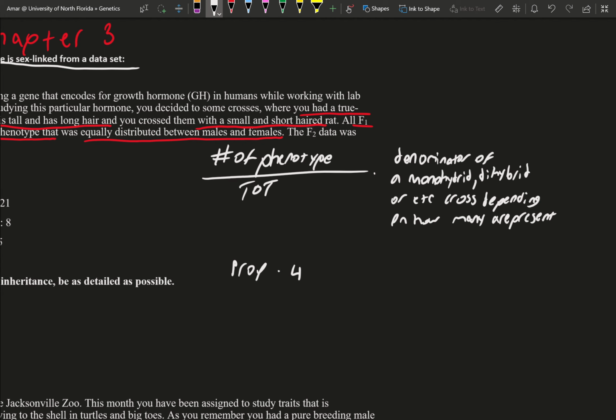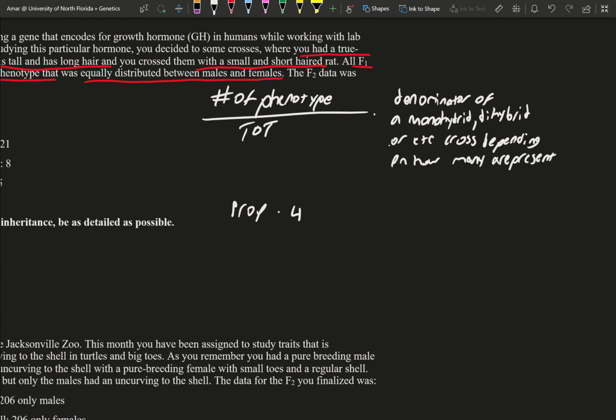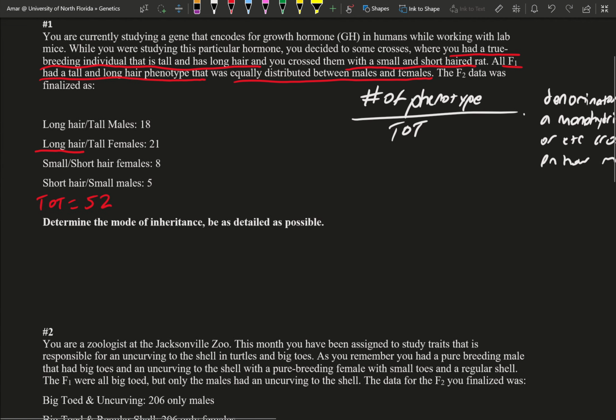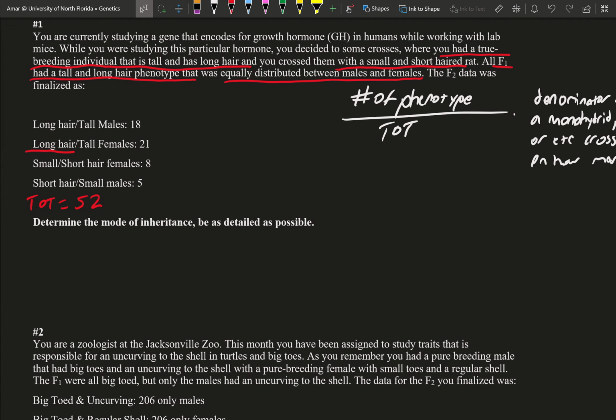If you think there are 2 different genes involved, you would have to multiply by 16 instead. And if you think there are 3 or more, you would have to multiply by 64, and keep going on. Okay. In this particular problem, there are 4 different phenotypes.